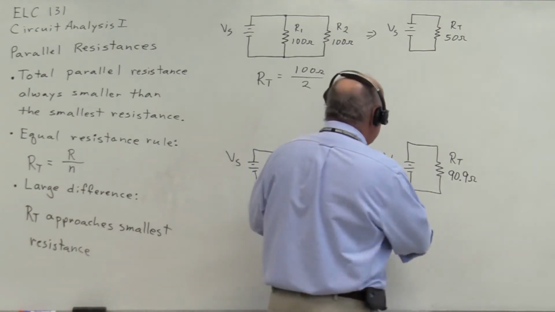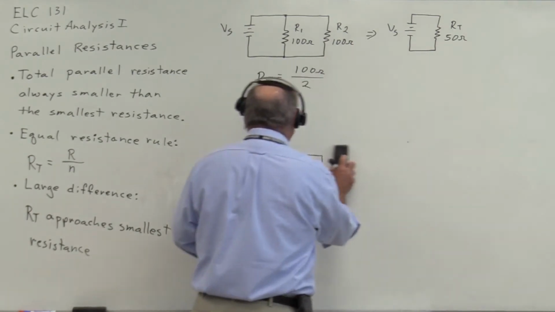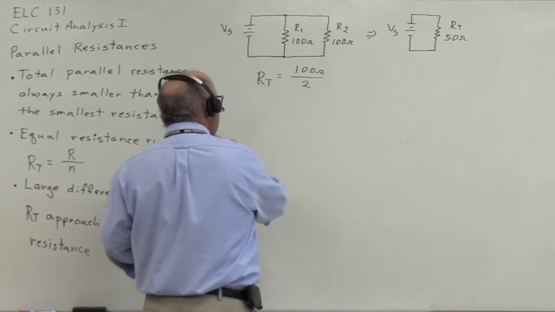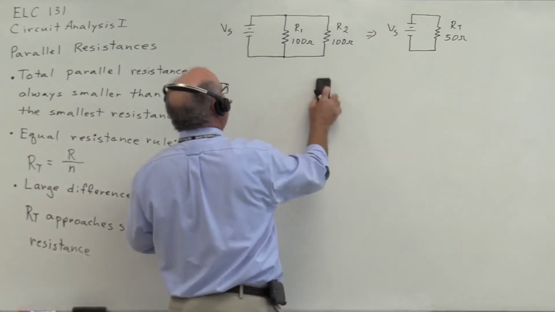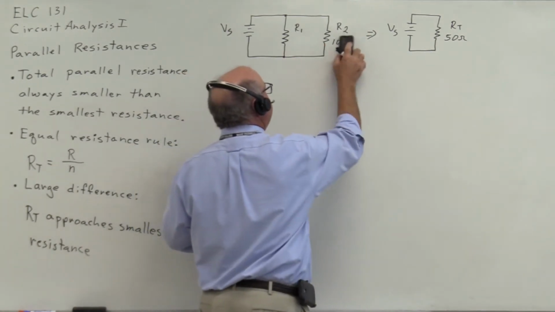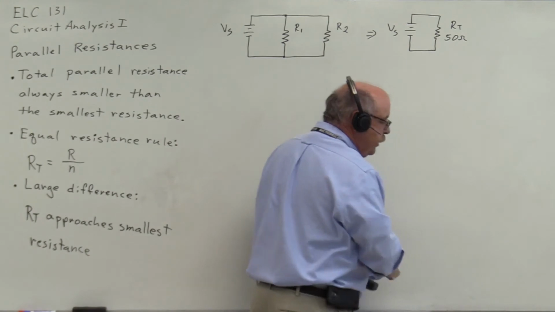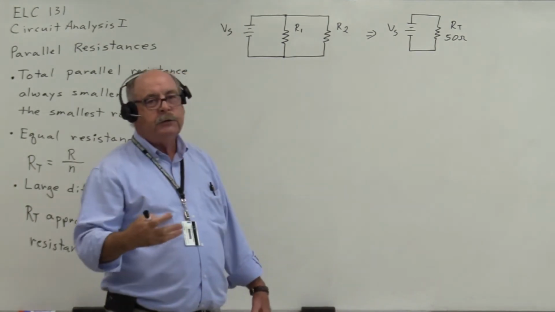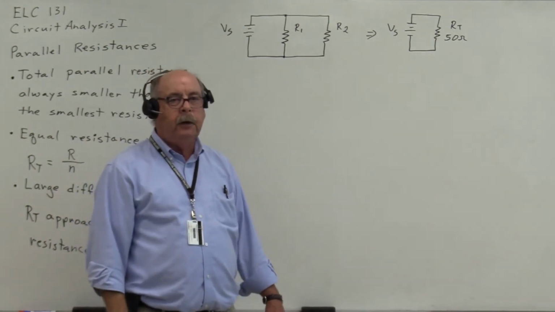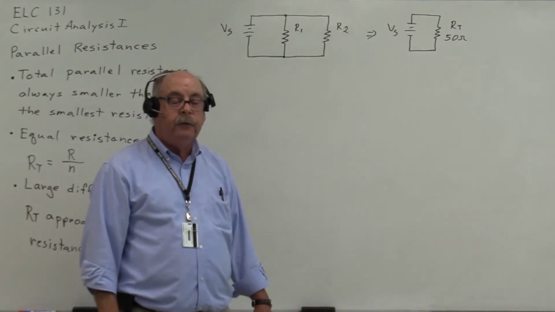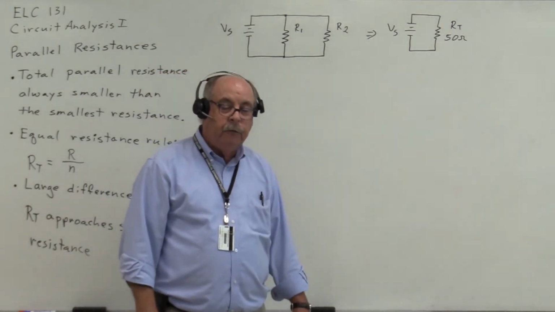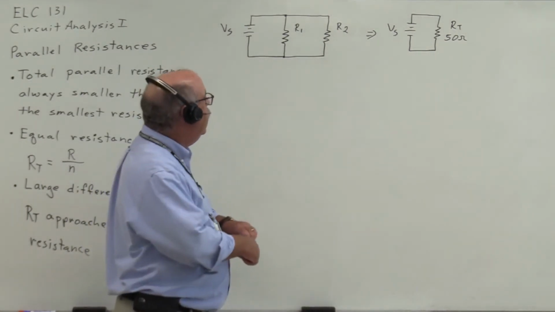Now, you'll note as we progress through this course that I always, or I try to when possible, make use of the product over sum formula to calculate parallel resistors instead of the reciprocal formula. And let me show you why.